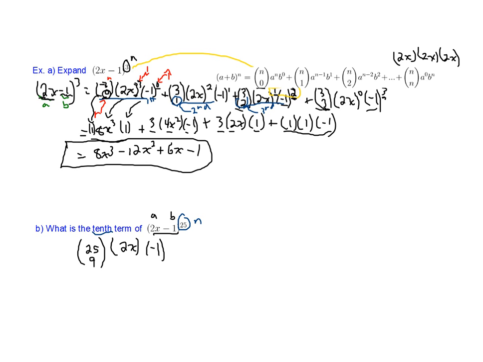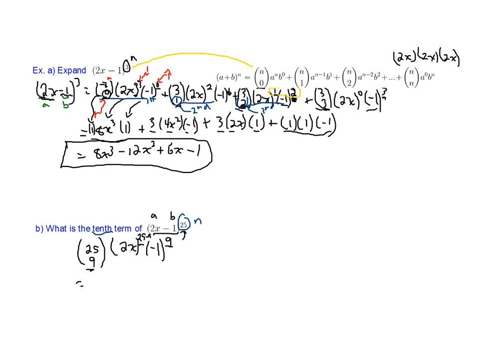So the exponent on b was a 1 and a 1, here it was a 2, and so on. So fairly easily, we know that this has to be a 9. And the other thing that we know is that the sum of the exponents here and here has to equal 25. So we should be able to do 25 minus 9 to get the exponent here.